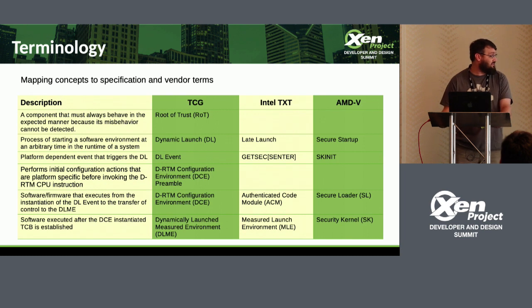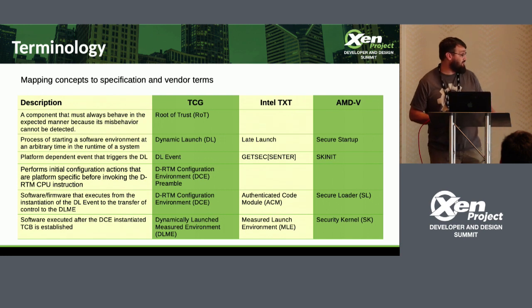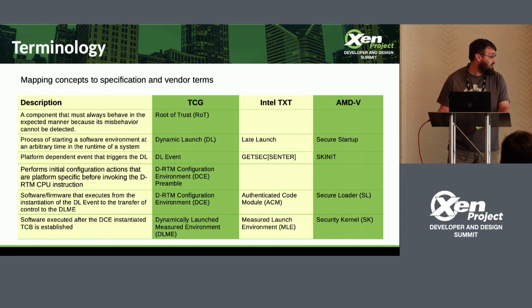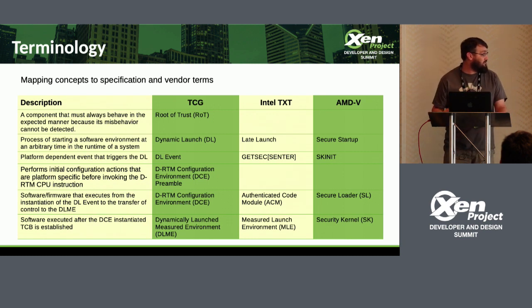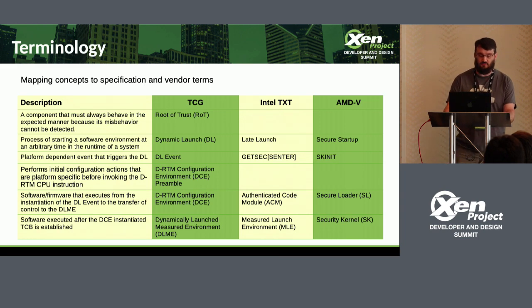And then you have the DCE itself, which does the configuration right as you come out of the event, and it sets up the DLME. These terminologies vary across, so I'm going to use the TCG terms typically when I go through this. But if you know the technologies, this will give you a good mapping as I'm talking about these things.